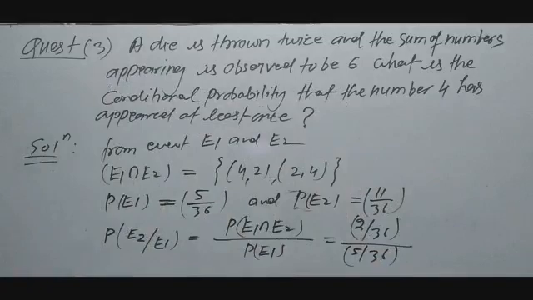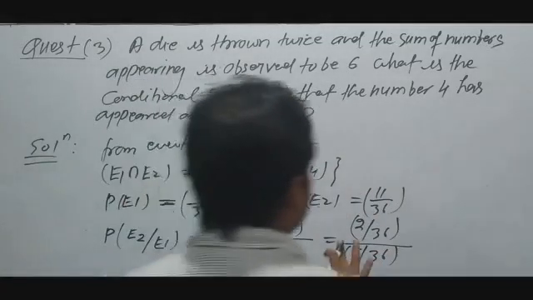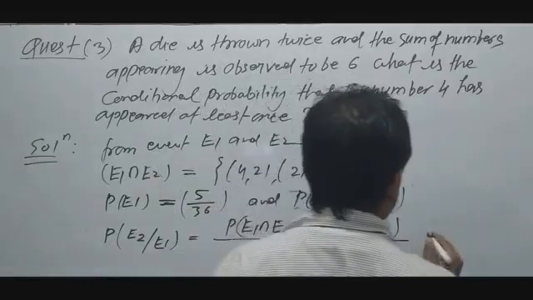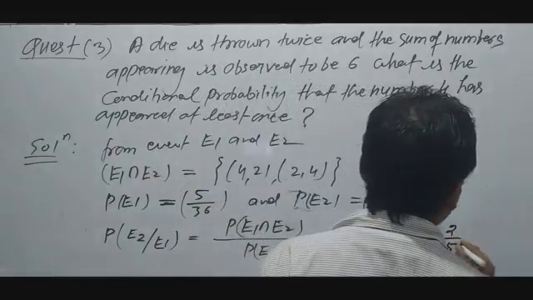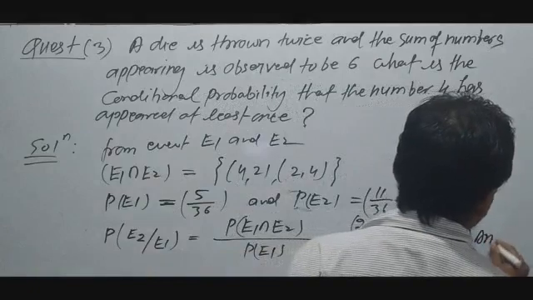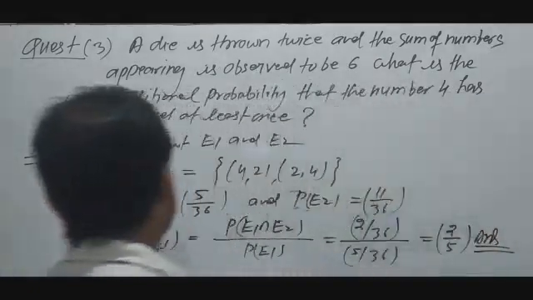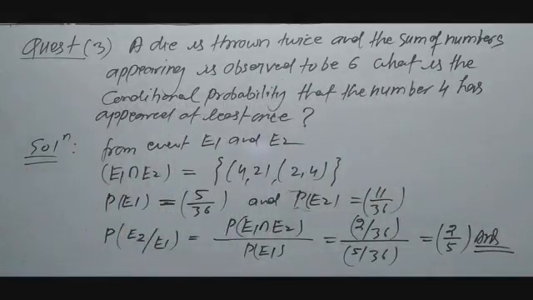Now after solving, you can get the result 2 by 5. Now 2 by 5 is the answer.